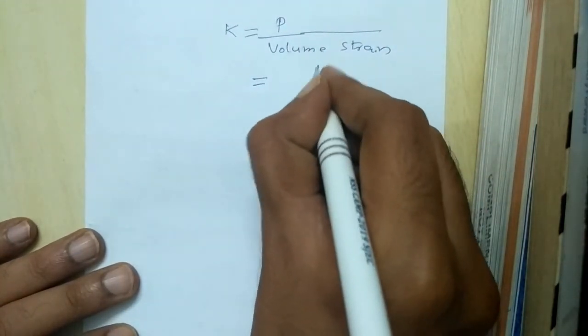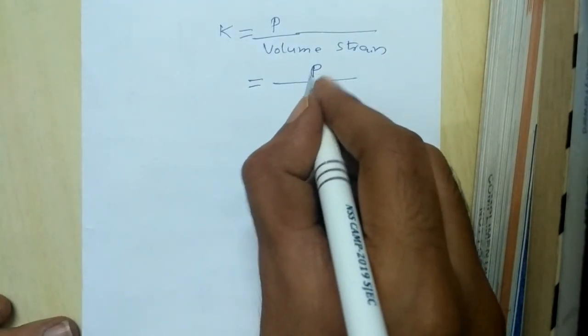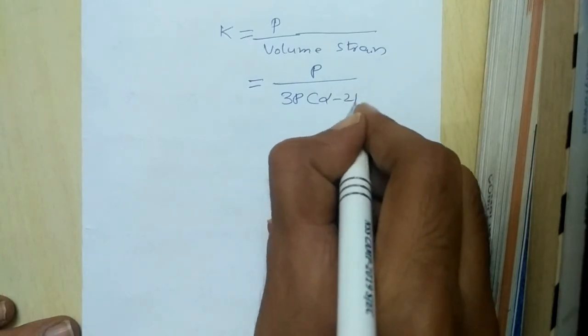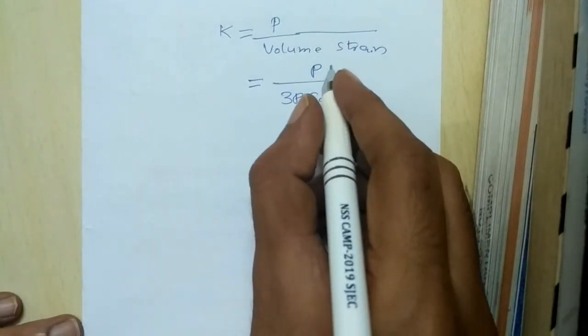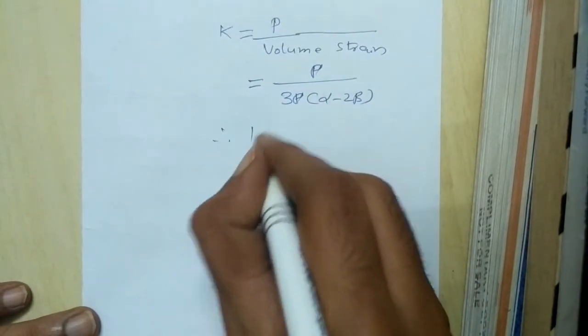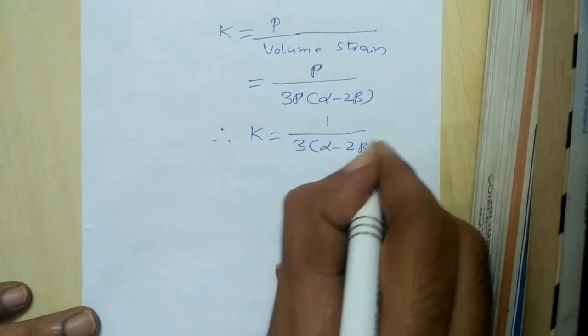So that's equal to P divided by 3P into alpha minus 2 beta. This P and P get cancelled, so K is equal to 1 divided by 3 into alpha minus 2 beta.